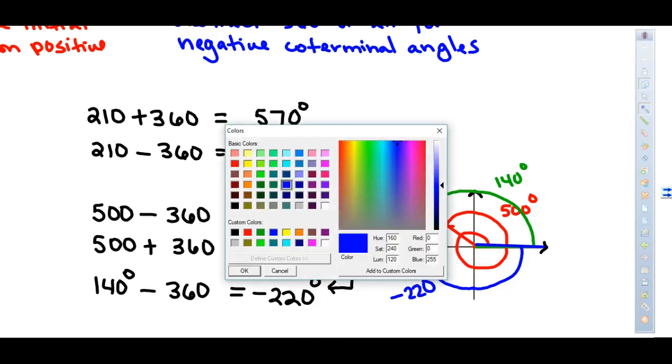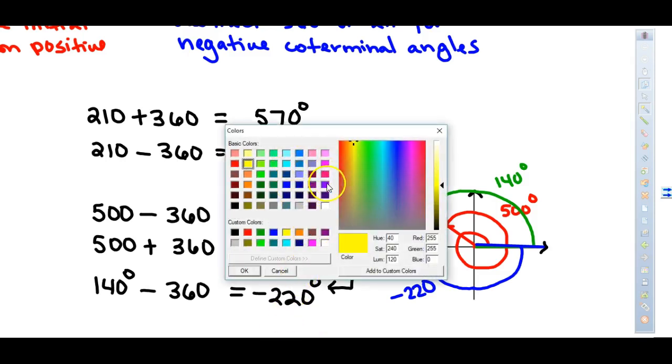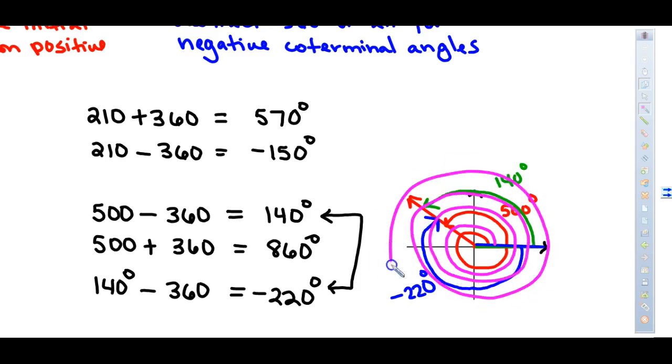And actually what I could do if I wanted to is, trying to change my colors here. Okay, there we go. What I could do is I could actually come right here and I could rotate around as many times as I want to in a positive direction.